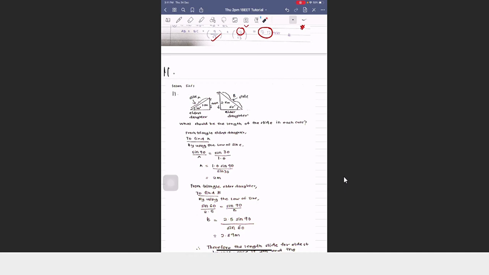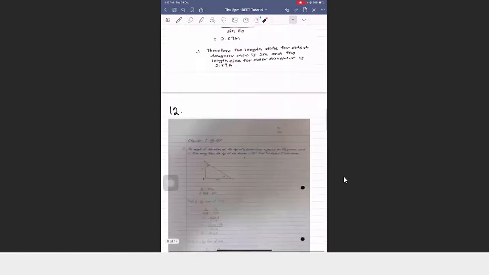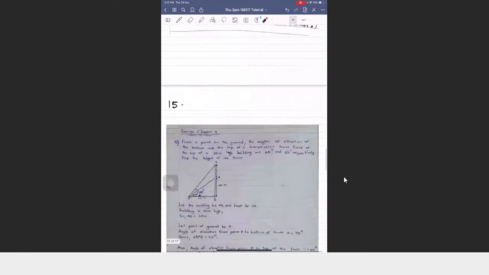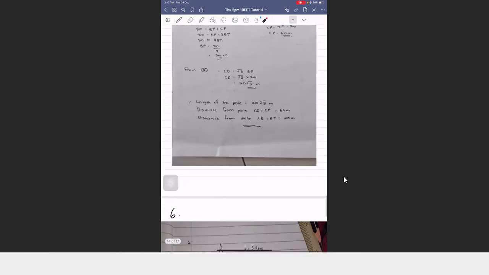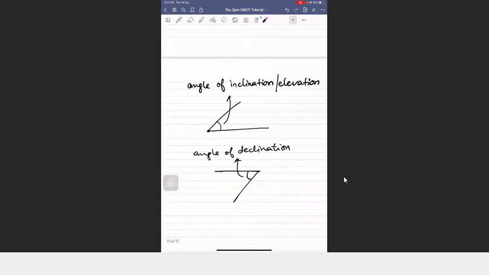Now perhaps some people might find it confusing when you read this question. When we talk about inclination, like I mentioned, the statement must be from the ground looking up, from the ground to the top. Declination is from the top looking down.